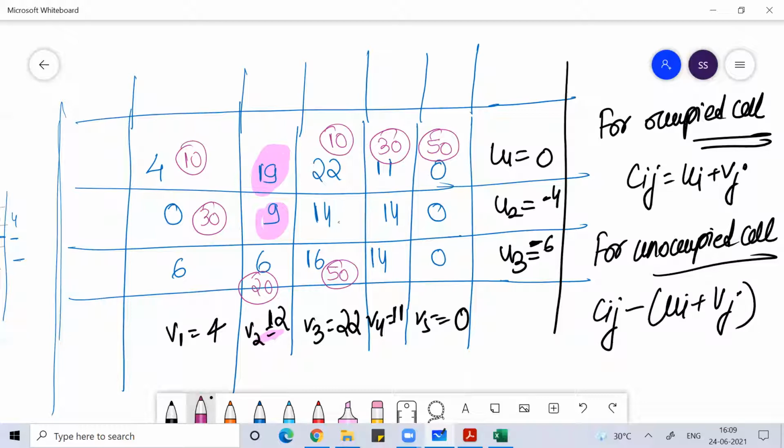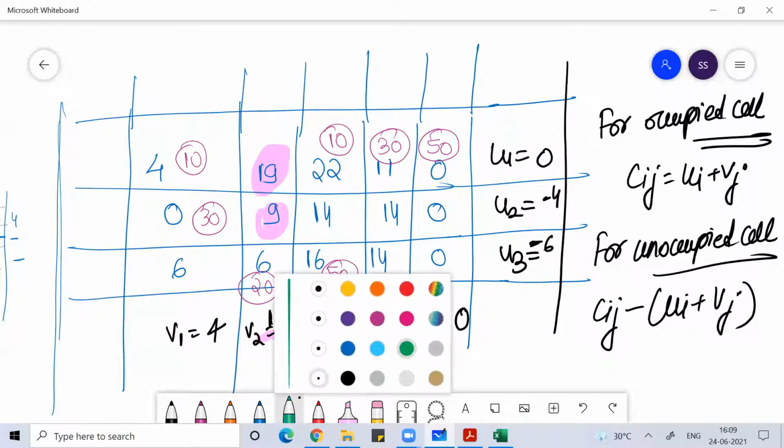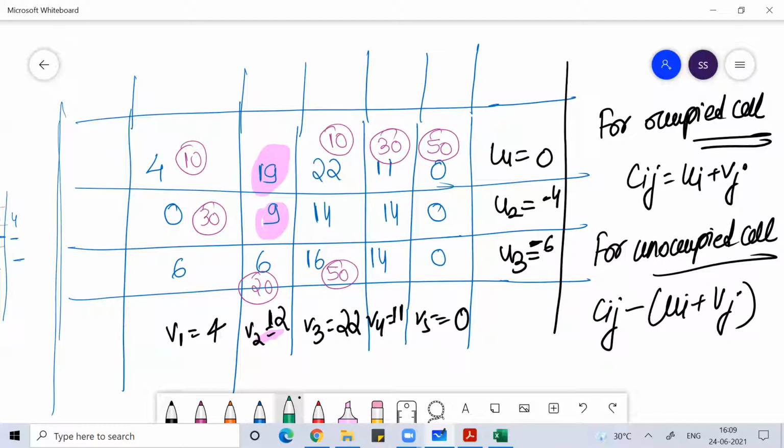How much do you get? You get a negative value of -4.